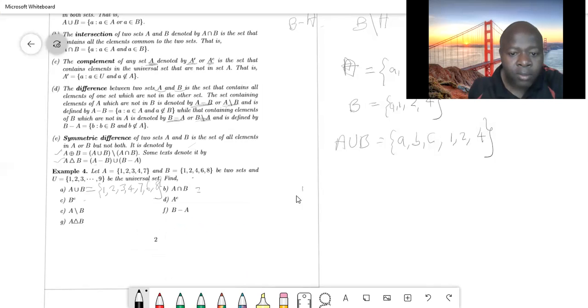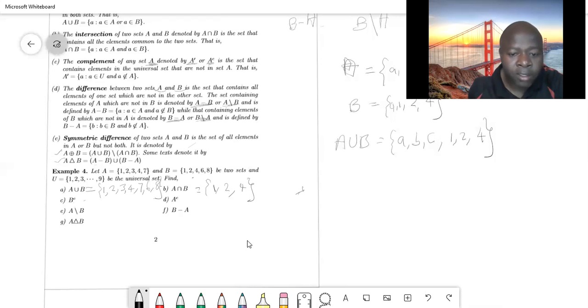Let me see, 1 is common, 2 is also common to the two sets, 3 is not, 4 is common, 6, 7 is not. So this is the intersection, the set comprising 1, 2, and 4.